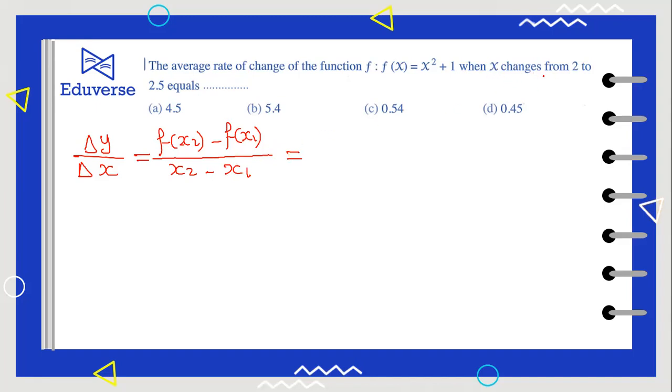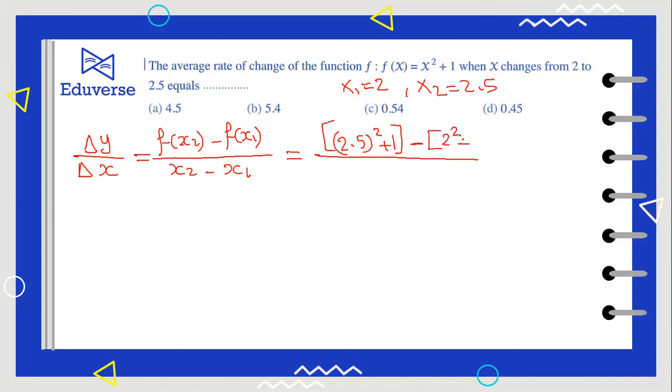Here, x changes from 2 to 2.5. That means x1 is 2, it's the first value, and the new value is 2.5. Substitute by 2 and 2.5 here. F of x2, in this function, I will put x equal to the value of x2, 2.5. 2.5 squared plus 1. That's the first part of f of x2 minus f of x1. I will put x equal to the value of x1, which equals 2.